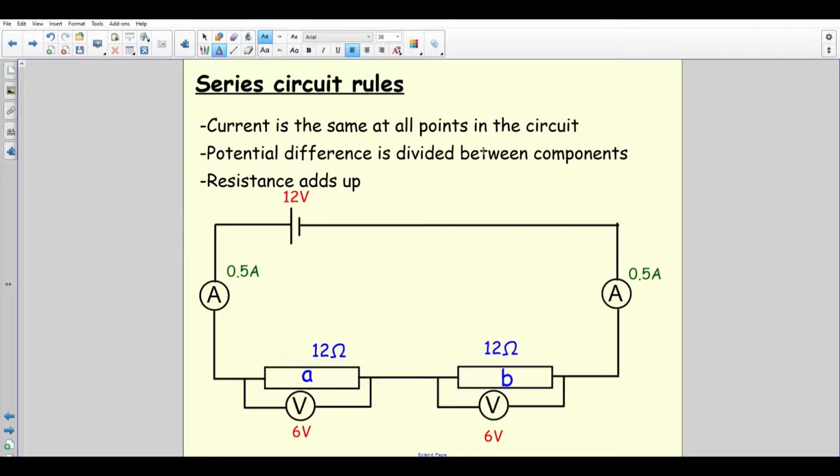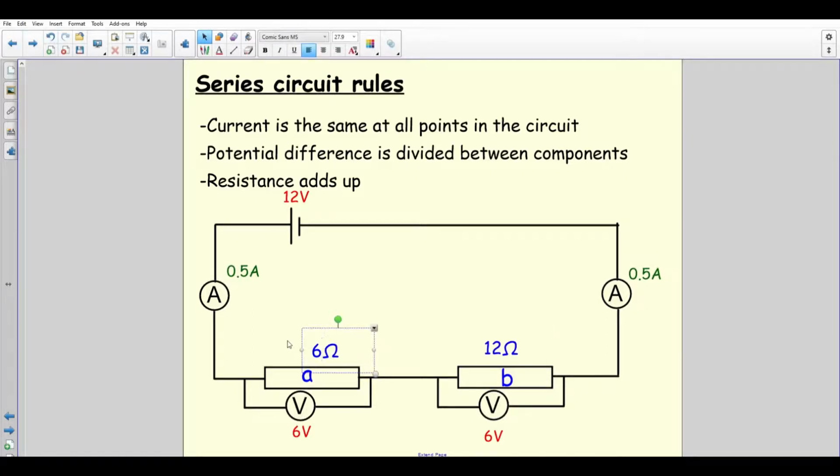The potential difference is divided between the components. So if we look, we've got 12 volts from our cell. The 12 volt cell is split into 6 volts and 6 volts. That's because we've got equal resistance. Now that's not always the case. Say if I had different resistors, in fact I'll just change them on here.